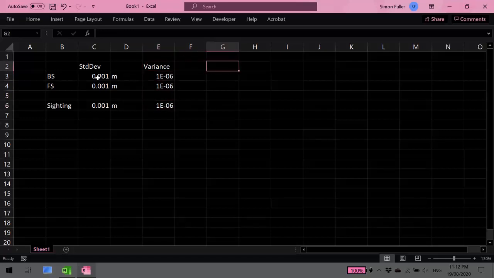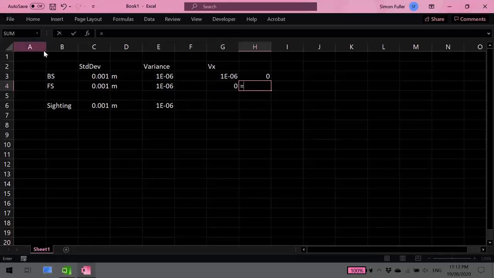So we could now construct that variance covariance matrix. We'll do it the long way to start with. Here I need the variance of the backside. We said that the observations, the backside and the foresight, are uncorrelated. So I can put a 0 here and a 0 here.